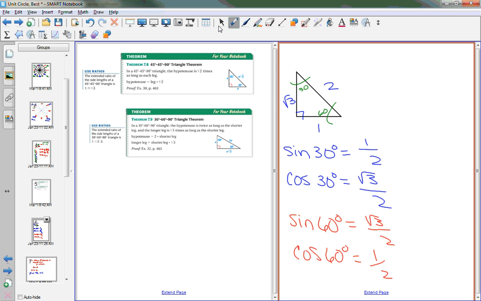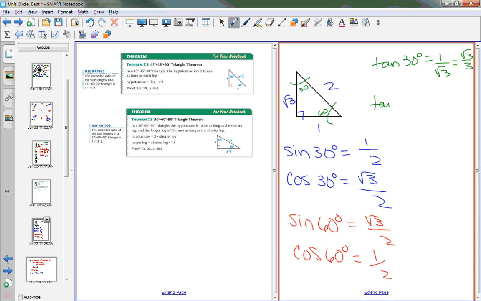Okay, well now what's the tangent of 30 degrees? Tangent's going to be opposite over adjacent. Opposite 30 is going to be 1. Adjacent is going to be square root of 3. And if I rationalize that, what's that going to give you? Square root of 3 over 3.